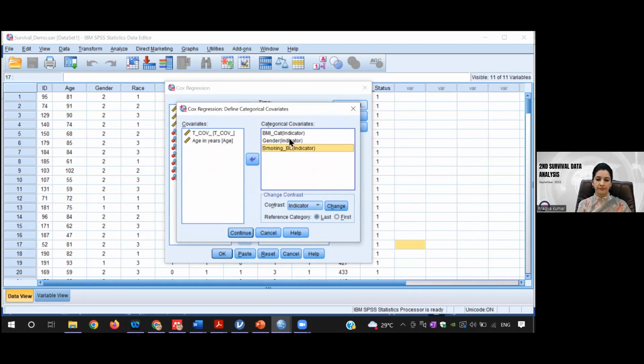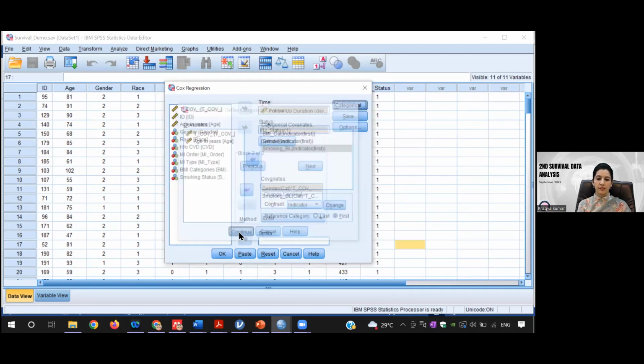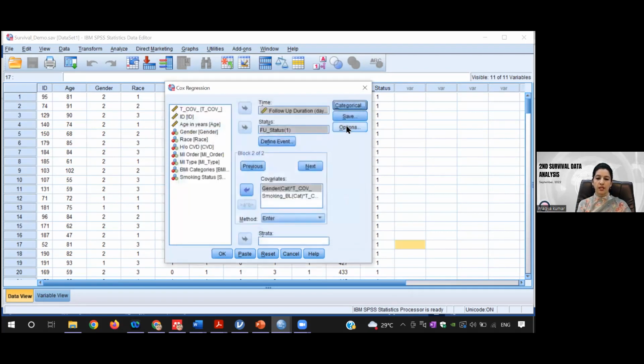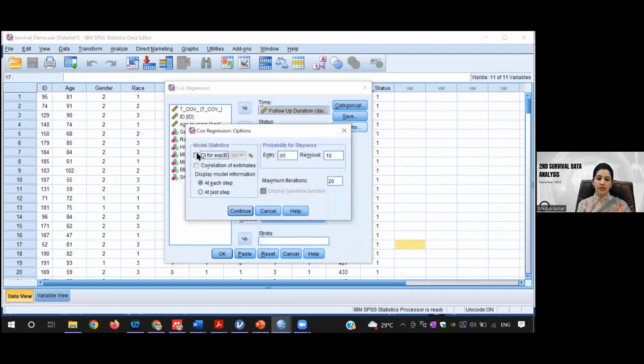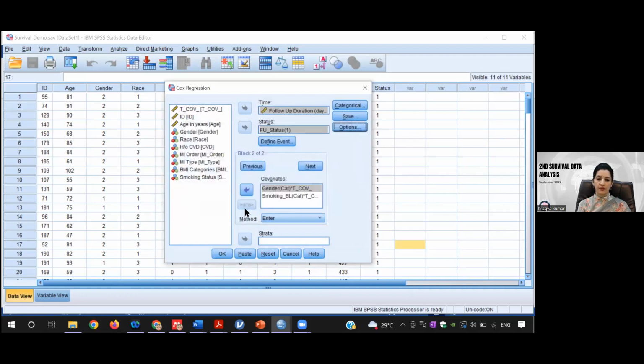And then you select all these three, because the previous time I made one mistake and did not select them. I clicked this first and then pressed Change. So now all these reference categories have changed. Now I have pressed Continue. I'll go to Options, click the CI for 95% interval, continue.